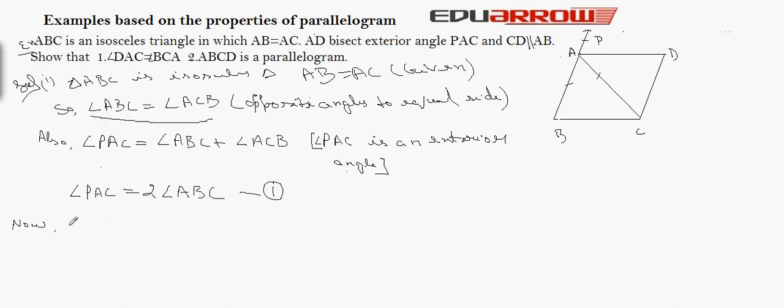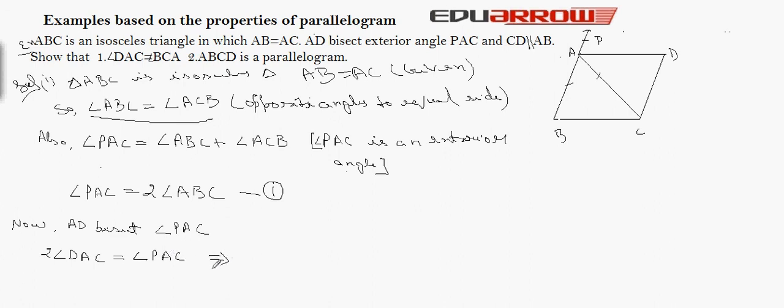Now AD bisect angle PAC. So we can write 2 of angle DAC is equal to angle PAC.